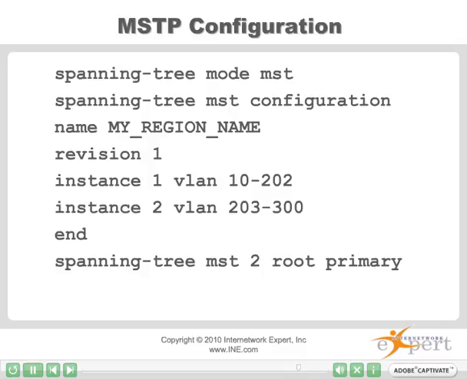One for VLANs 10 to 2002, and the other for VLANs 2003 to 300. If you want to go ahead and manipulate one of the groupings of VLANs, here you can see I'm setting the current device we're on to be the primary root for all of the VLANs covered by instance 2. So this configuration, minus that last line, is what you would copy and paste into all of your switches.